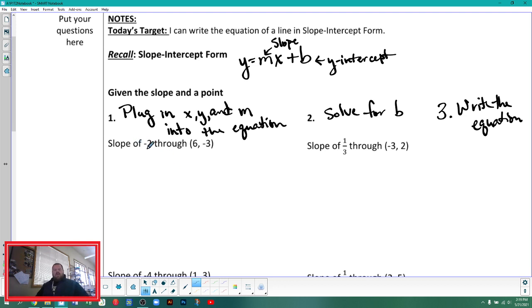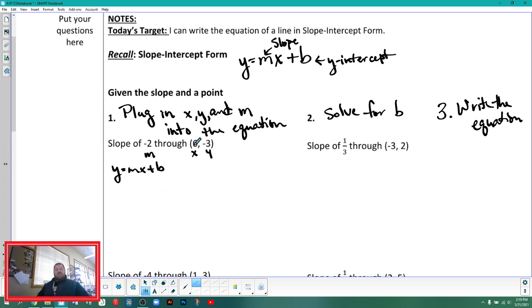So if my slope is -2, and I go through the point (6, -3), then what I can do is use this form of slope-intercept form, y equals mx plus b, and I can put all these numbers in where they go.